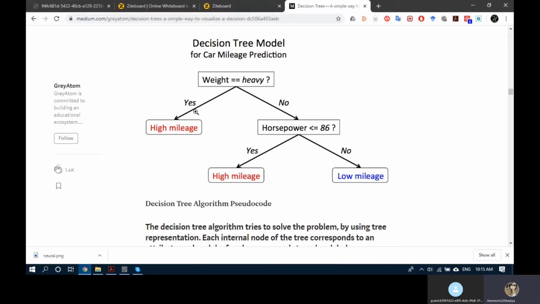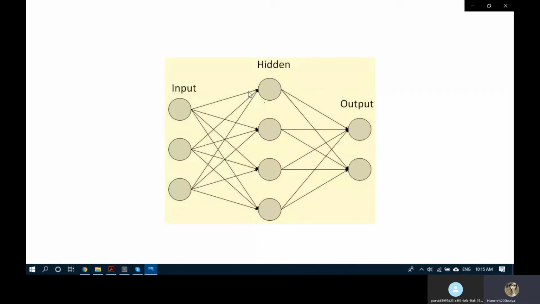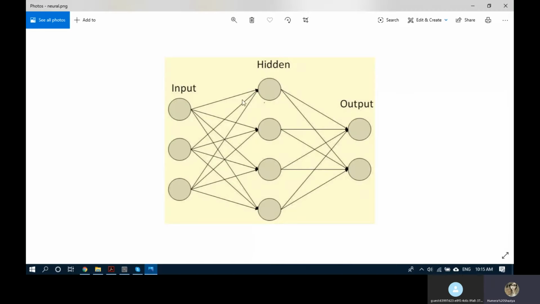Neural network, let me show you the image of a neural network, how it looks. This is a very basic architecture of a neural network. Each one is called a neuron.